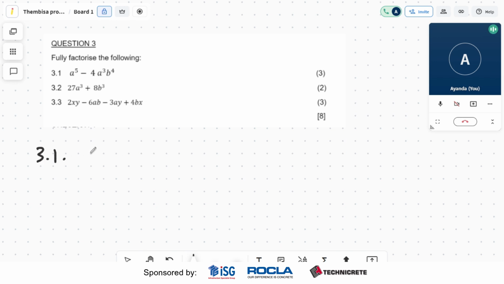So we take out a common factor of a cubed, and that would be multiplied by (a plus 2b) times (a minus 2b). Straightforward one there.